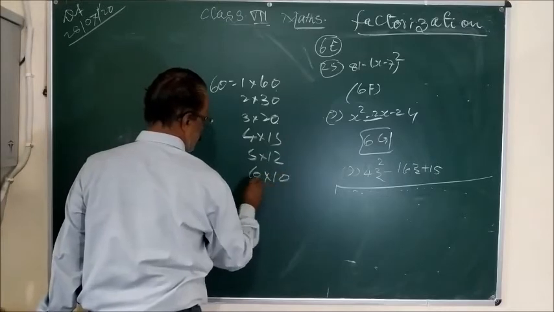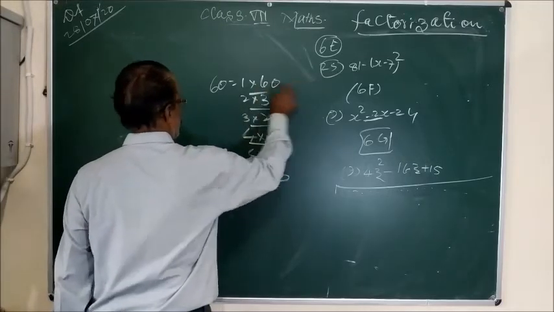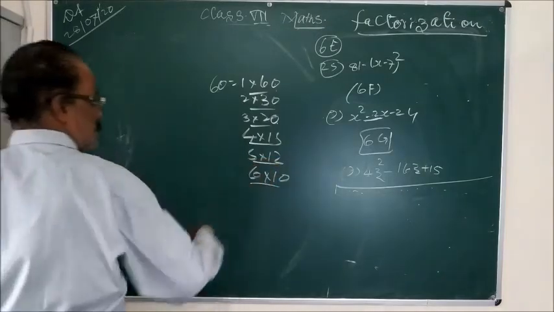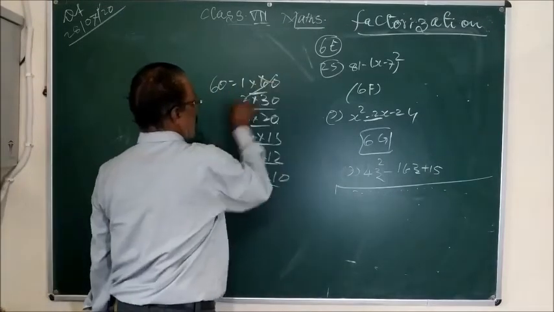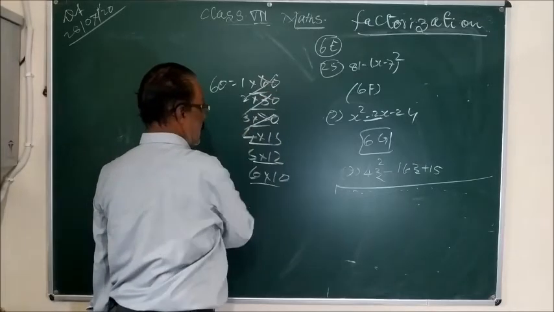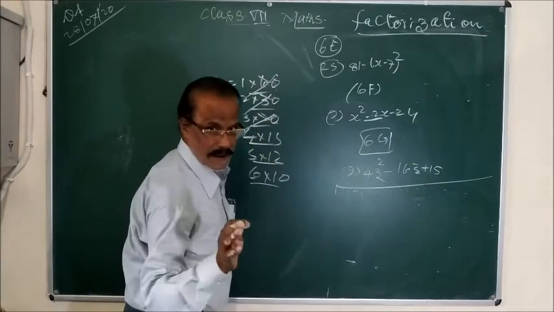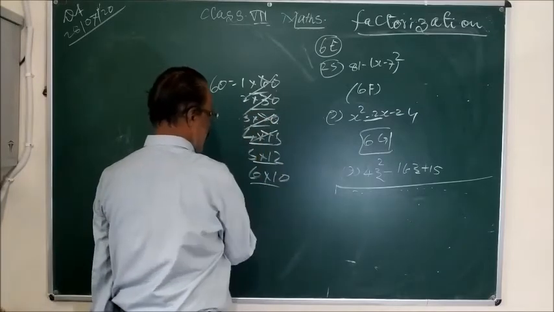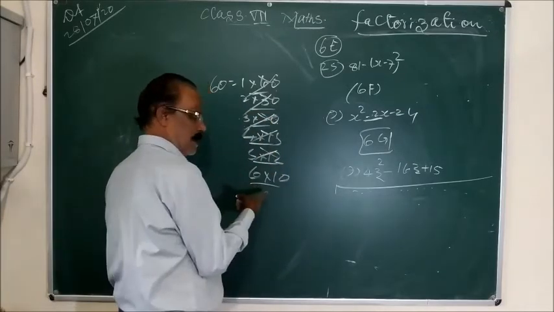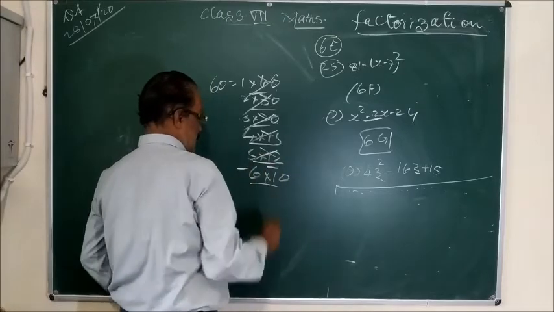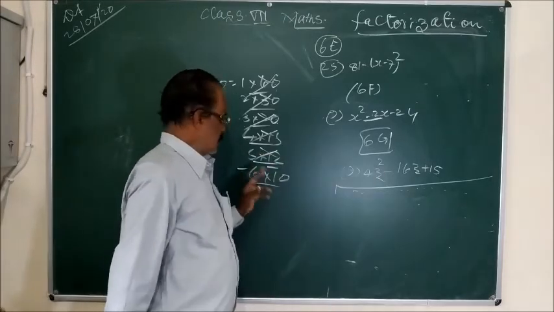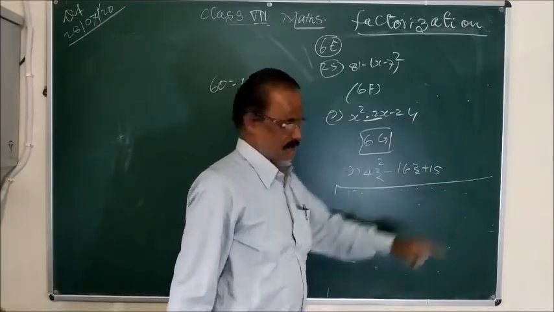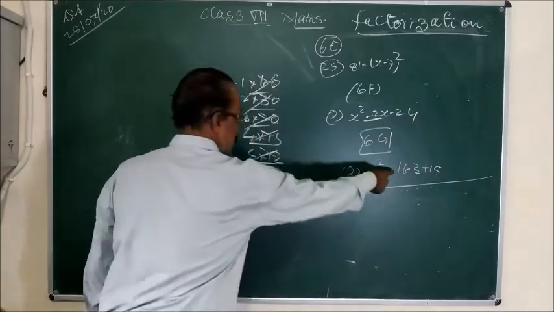These are the pairs of factors. इसमें से एक पेयर चुनेंगे so that you should get minus 16. ये नहीं आएगा इसमें, ये भी नहीं आएगा, ये भी नहीं आएगा. क्यों नहीं आएगा समझ में आ रहा है? क्योंकि इसको हम प्लस माइनस करेंगे तो माइनस 16 नहीं आएगा. ये भी नहीं आएगा. इसमें देखिए आएगा. दोनों माइनस कर लेंगे तो माइनस 16 आ जाएगा. और दोनों को इंटू करेंगे तो कितना आएगा? प्लस 60.